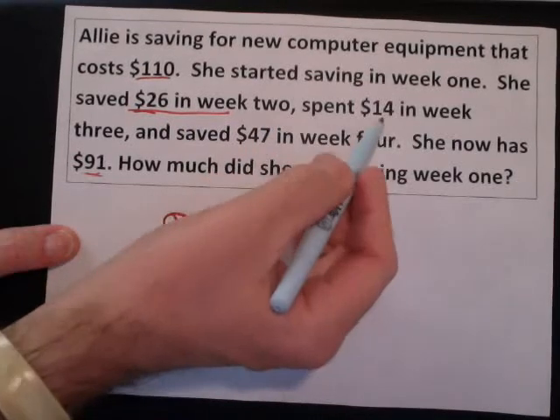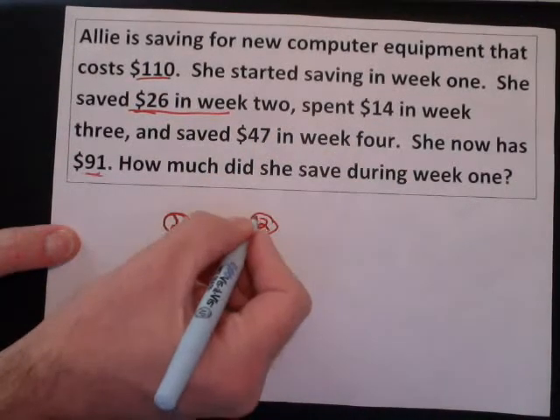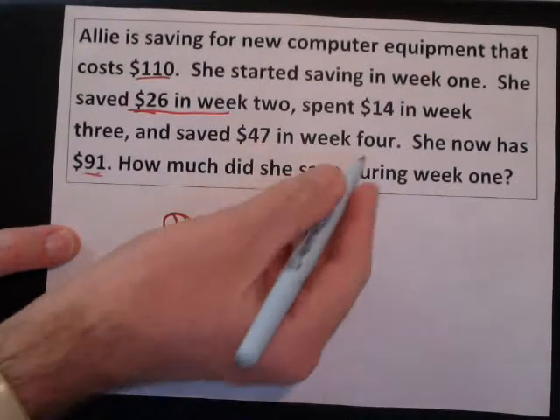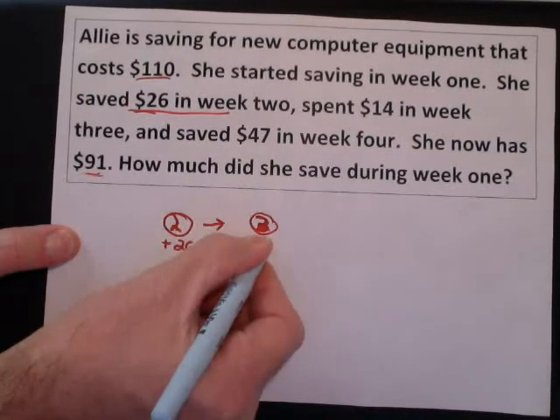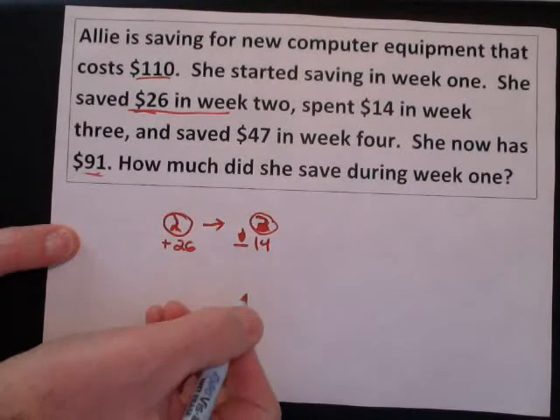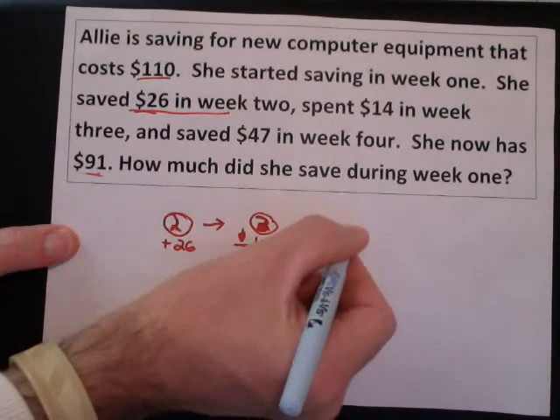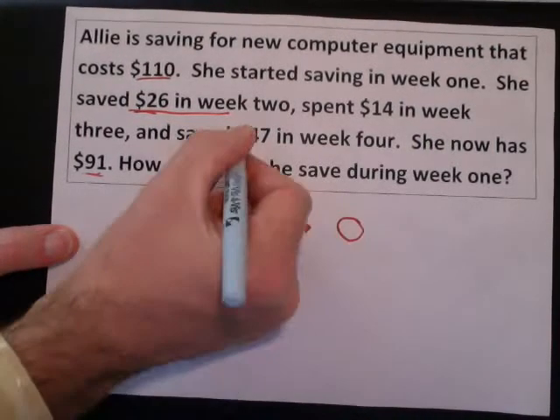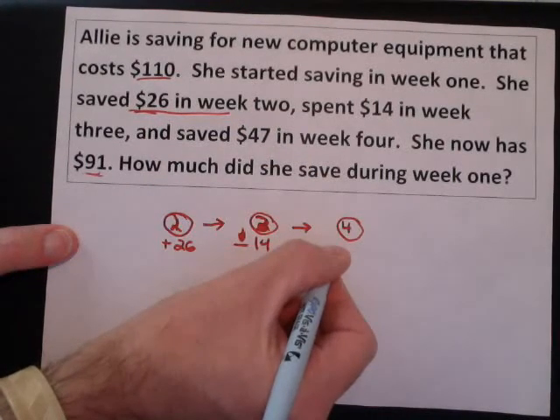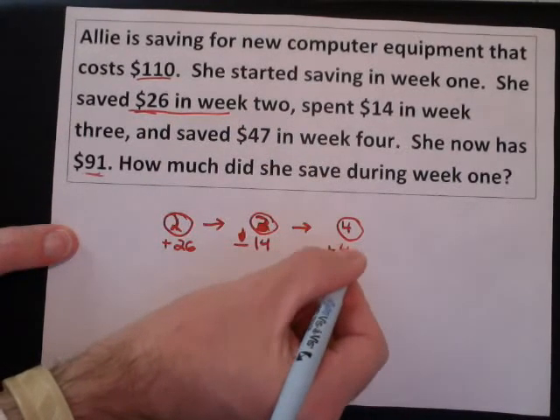And then in week 3, she spent $14. So that would be a negative. And then in week 4, she got back into the savings, and she saved $47.